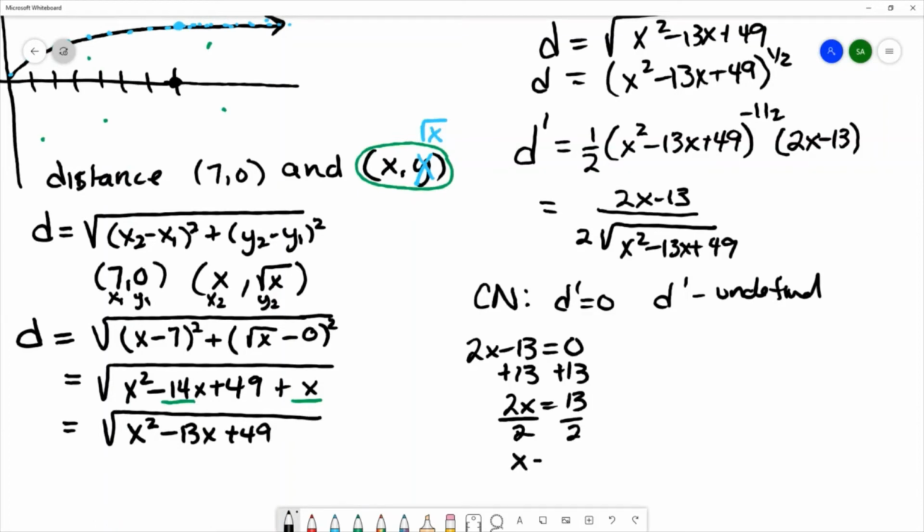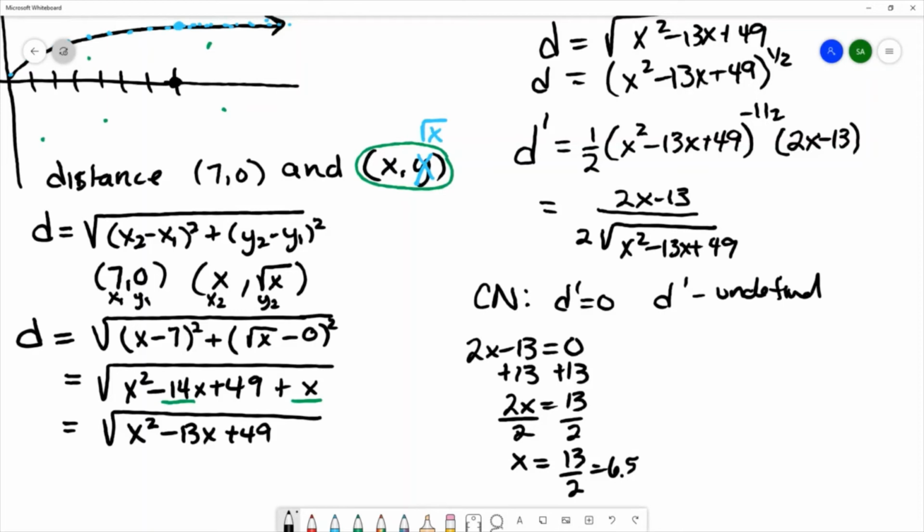So x equals 13 over 2 is one critical number. 13 over 2 is just a little bit less than 7. We've got 6.5 for one critical number.